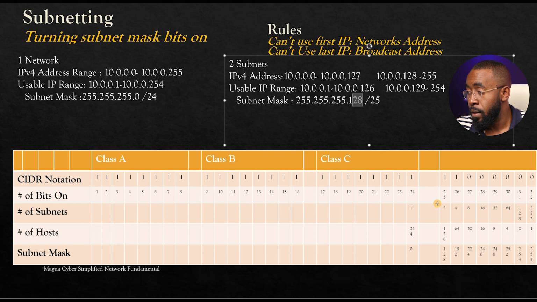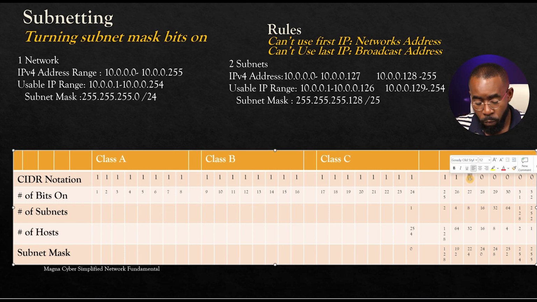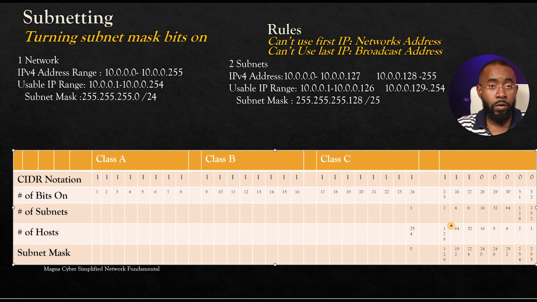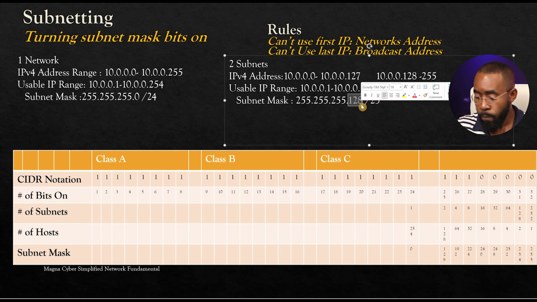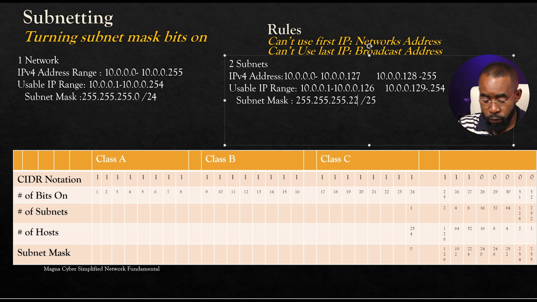You see the idea? Now, what if you wanted to have 8 subnets? All you would need to do is to turn one more bit on, and you can follow the rest. Your CIDR notation would be /27. Your number of IPs per subnet would be 32. Your number of subnets would be 8, and your subnet mask now would go from 128 to 224.